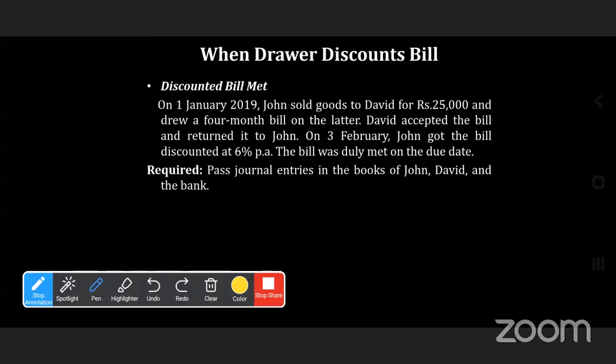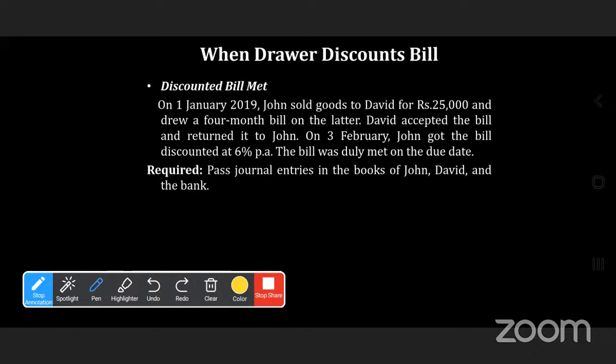On 3rd February, John got the bill discounted at 6% per annum. On this date the drawer took his bill to the bank and got it discounted at the rate of 6%. The bill was duly met on the due date.